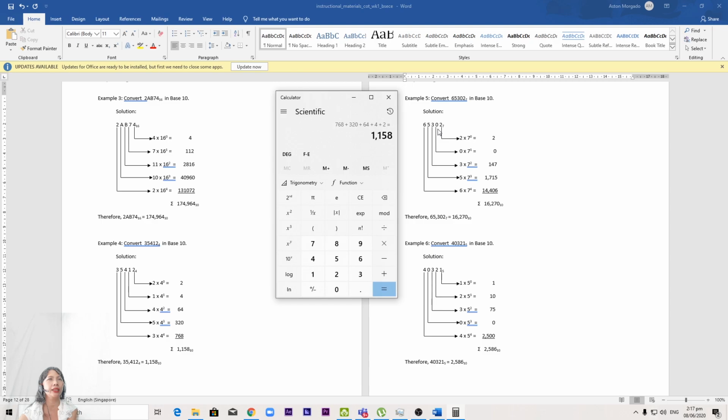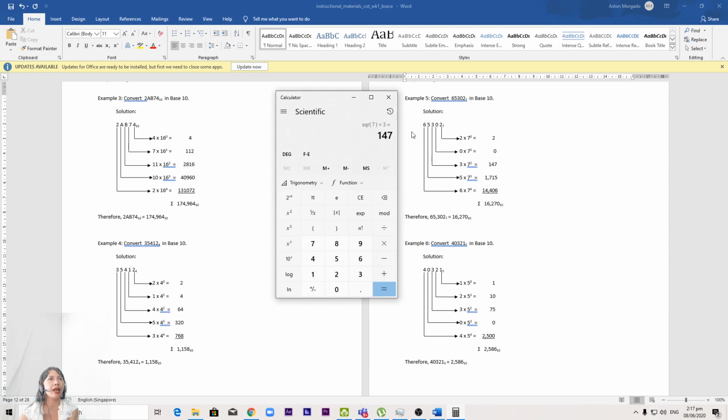For the second digit, 0 times 7 raised to 1 is 0. Then 3 times 7 square. Let's check: 7 square times 3 is 147.